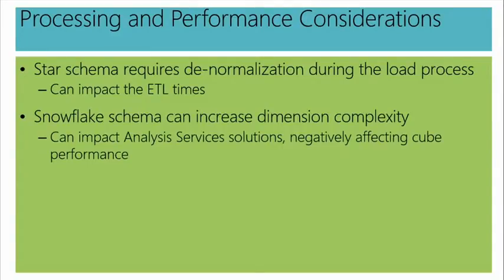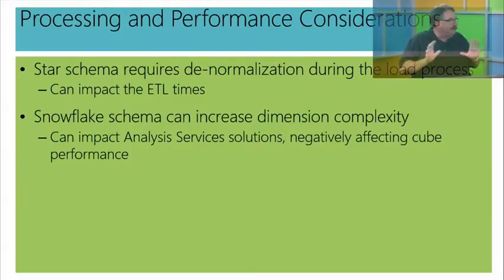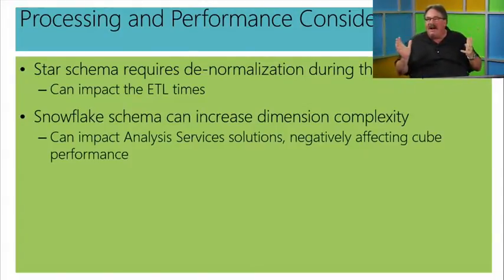So in a highly normalized solution, we need to combine all of those normalized tables into a single record for the denormalization of the information. That's the process that happens during the ETL process, and it means that there's going to be a large amount of time taken in large systems.